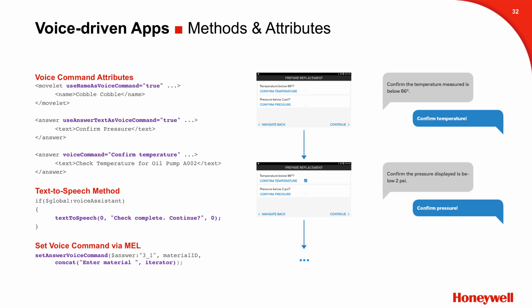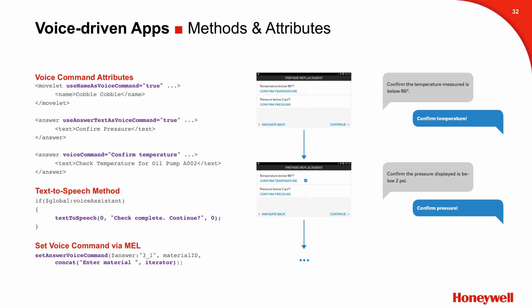Of course, the user will understand what they need to do, but it's not really practical as a voice command because it takes a lot of time. There is a big risk that the user is interrupted while they're saying it and so on. So you can set a custom voice command for something like that, for example, confirm temperature, which will make it much more usable and easy.